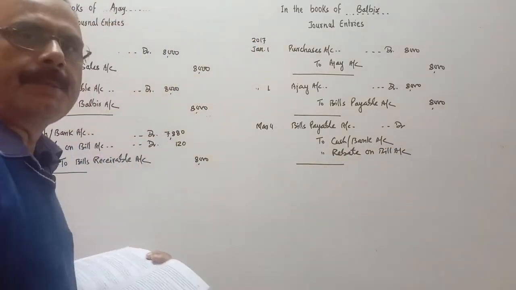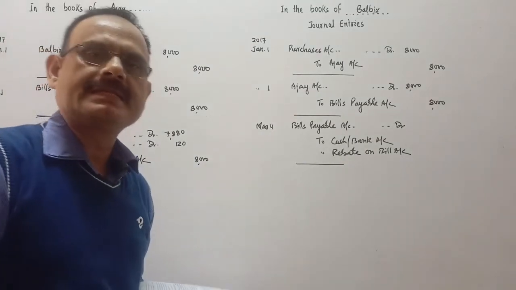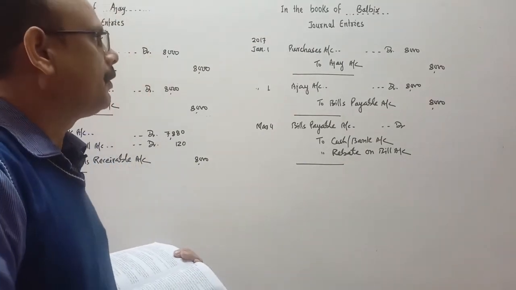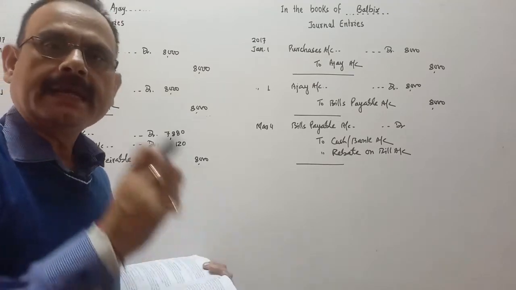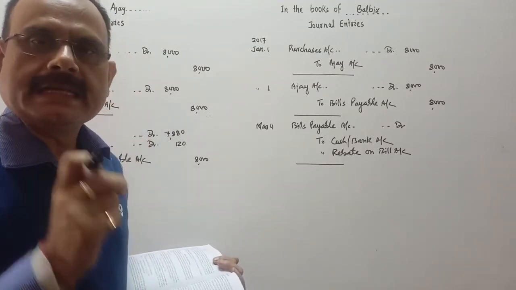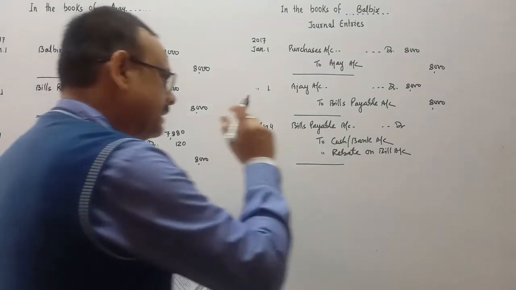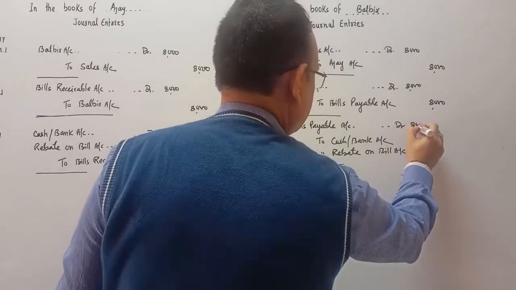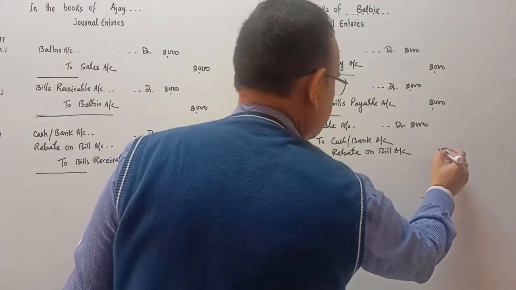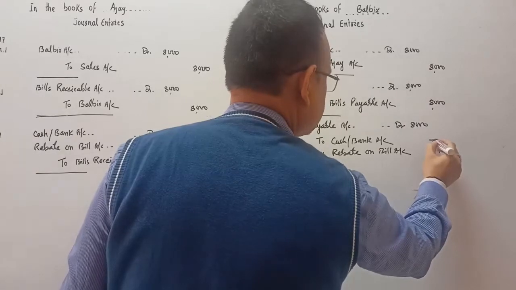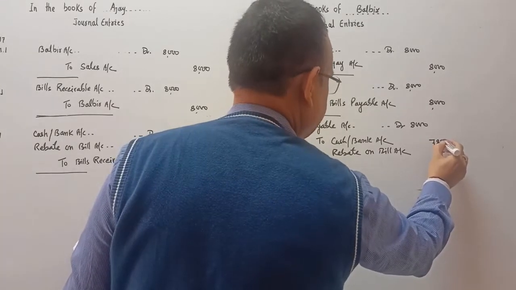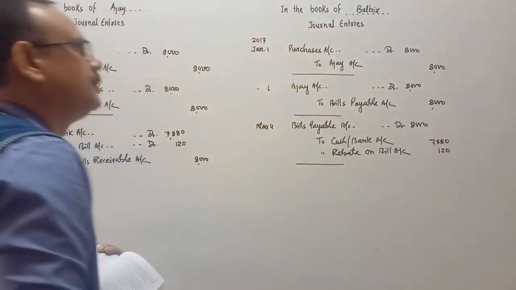For him rebate is an income because he is paying less amount due to this rebate. So the bill is of 8,000, the rebate is 120, so he will pay 7,880 rupees to Ajay.